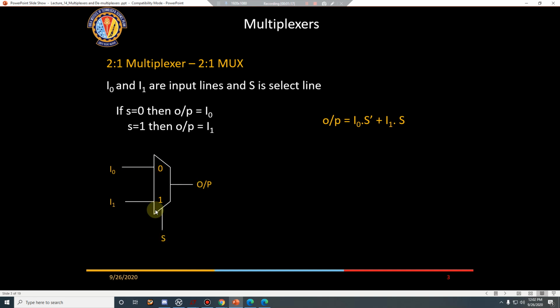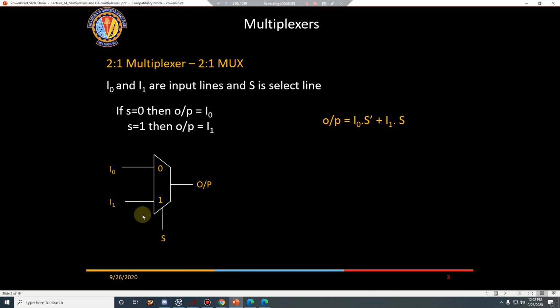Similarly, if the select line is 1, whatever is available at I1 will get connected to output, and I0 will remain isolated. When S is equal to 0, I0 will get connected to output and I1 will remain isolated.